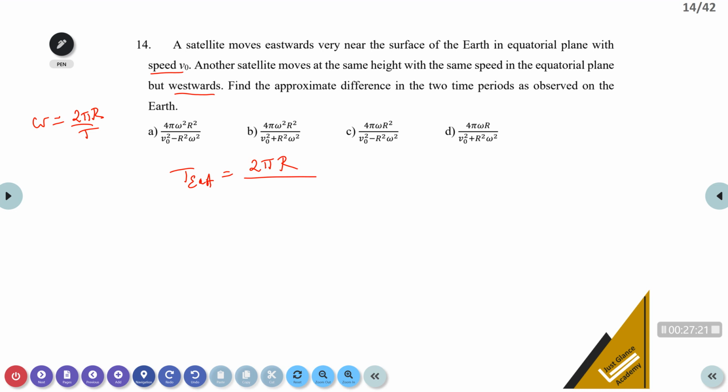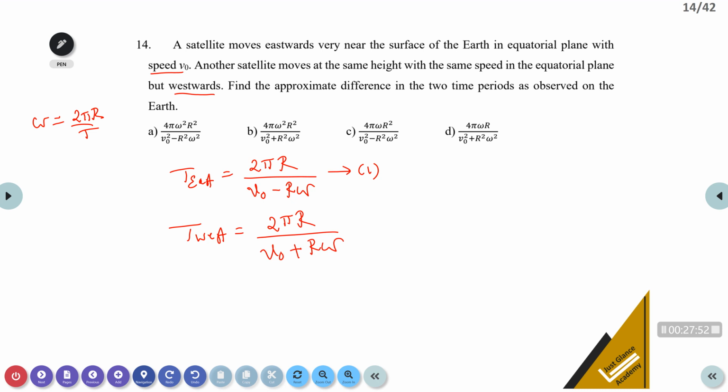Slowly means T is more, and T more means the denominator should be less: V naught minus r omega. This is the equation. Because the denominator quantity is less, T is more. But on the west side, T equals 2 pi r divided by V naught plus r omega.